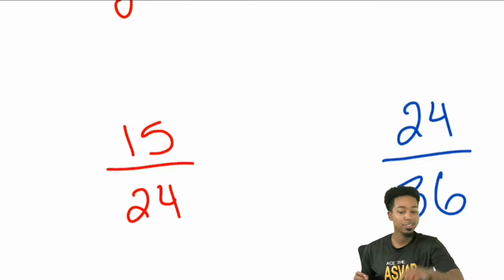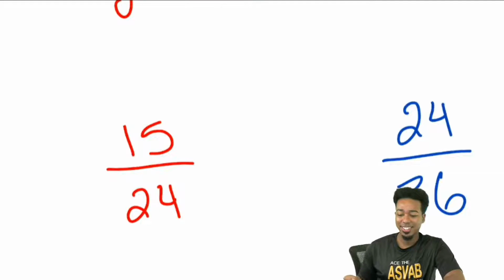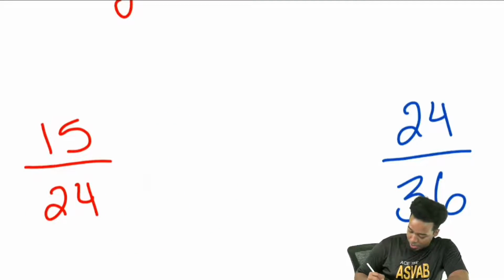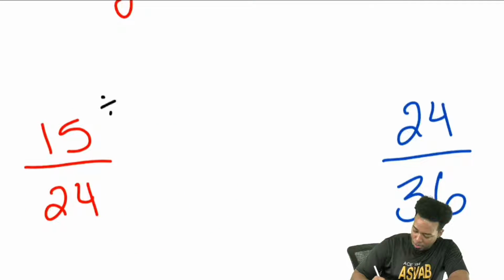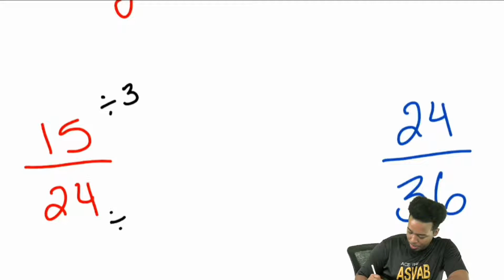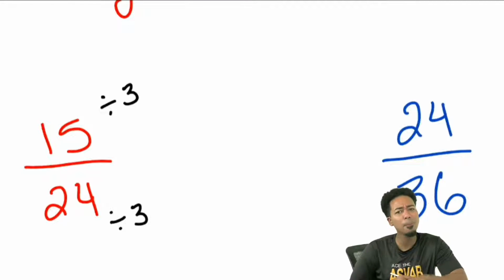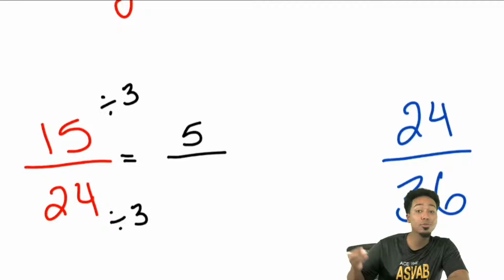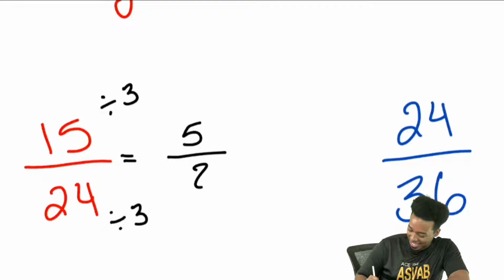Yeah, 3. 3 will definitely work. So with that said, we'll go ahead and see that we can divide it by 3. And then can we divide 24 by 3, everybody? Is that also possible? Yep. 15 divided by 3 is 5. 24 divided by 3 is 8.